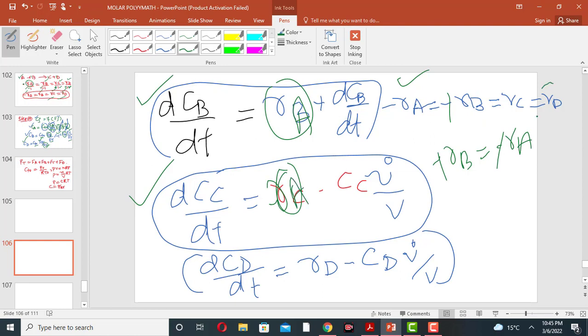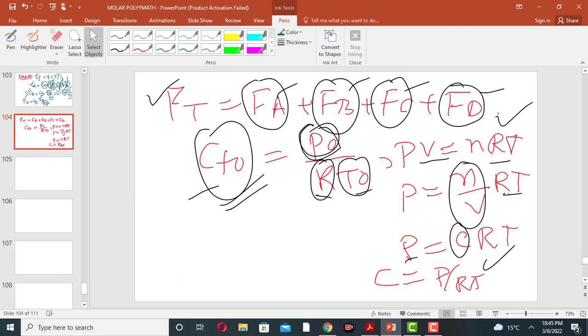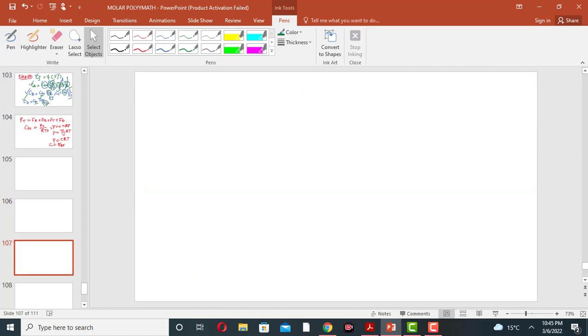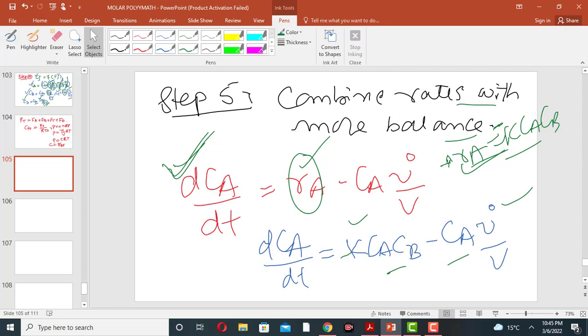In place of RD, we can write minus RA. So this is the mole balance and rate law combination.